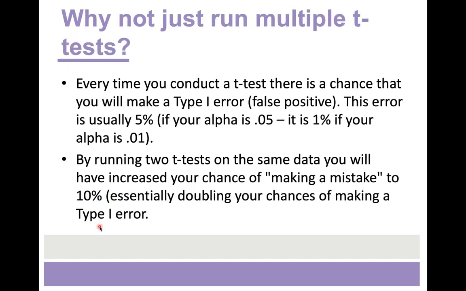The reason why we don't run multiple t-tests is called type 1 error, or false positive error. So every time we run a statistic, it's possible that our conclusions are incorrect.